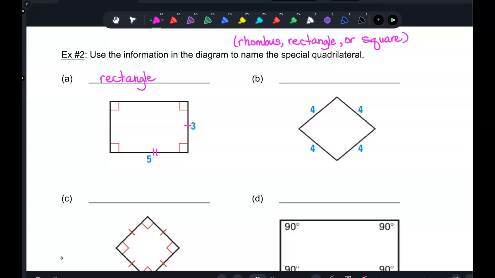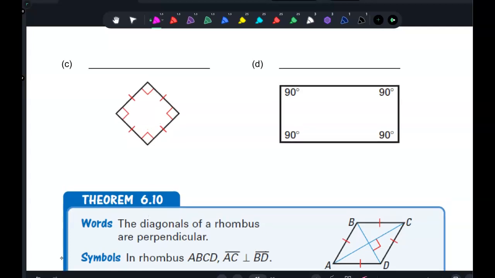Okay, for B, I see all 4 sides have a length of 4, so they're all congruent, but we do not know if there are right angles. So this is a rhombus. Next one, we see there are 4 right angles and all 4 sides are congruent.